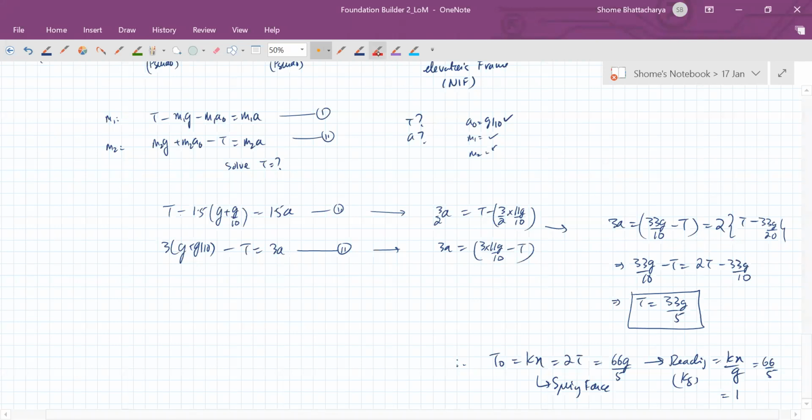Oh yeah, there's a 3 here. I missed this out. This is 3T. Okay, so this will become, T will become 11G by 5. My mistake. Okay, so this should be how much? 22G by 5. Okay, so this reading should become 22 by 5, which is the given answer, 4.4 kgs.